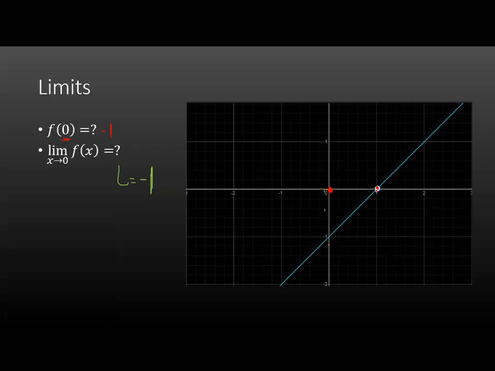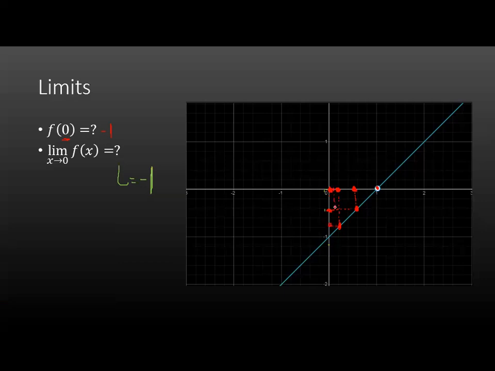Here it's undefined. How about 0.5? I guess 0.5 is here, so the y value is here, which I do believe is -0.5. Now, how about we get closer to 0? So it's here, getting closer to -1 as well.